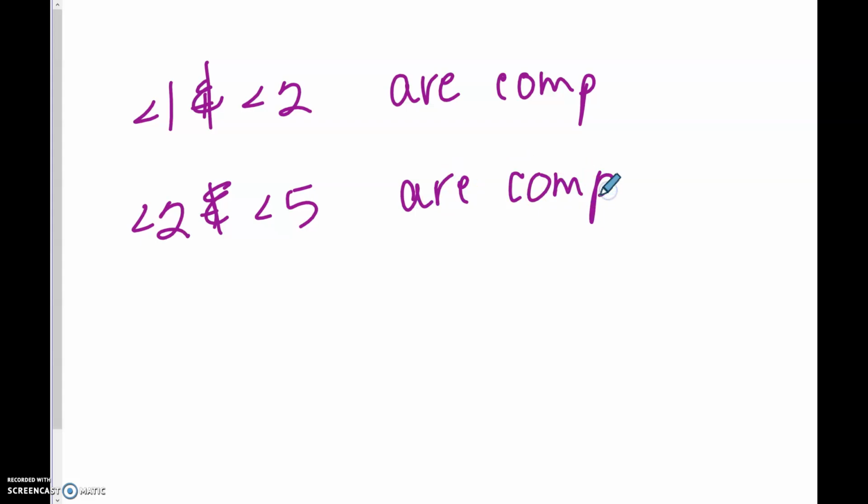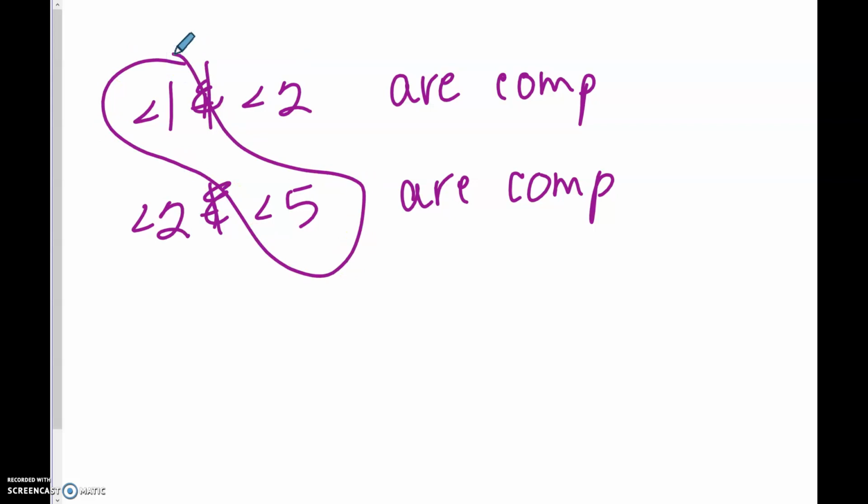Is there anything that you can conclude now about angle 1 and 5? If 1 plus 2 equals 90 and 2 plus 5 equals 90, what is absolutely, positively going to have to be true about angle 1 and 5? Angle 1 and angle 5 are definitely going to have to be congruent.